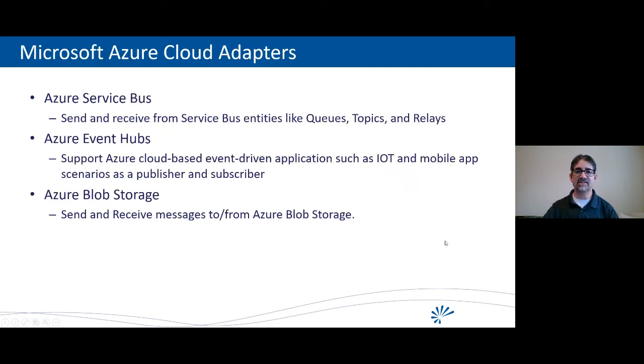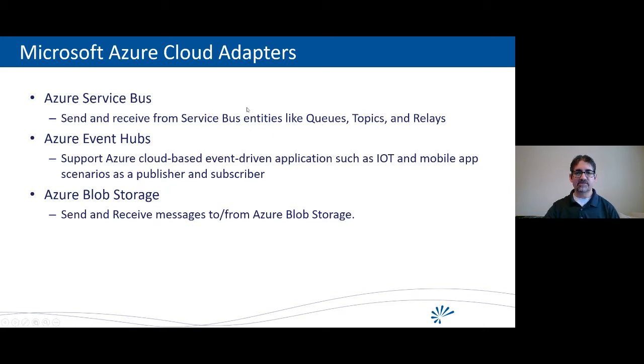And speaking of the cloud, there are a few new cloud adapters that have been added to the product specifically around Microsoft Azure. Three adapters in particular. There's a new Azure Service Bus adapter that allows BizTalk Server to send and receive messages from the Azure Service Bus, such as the queues, topics, and relays.